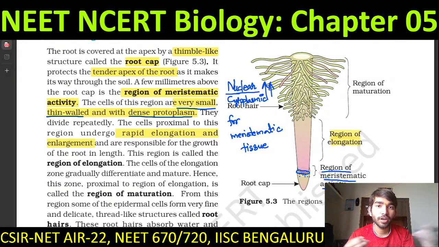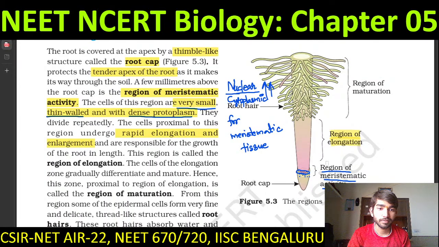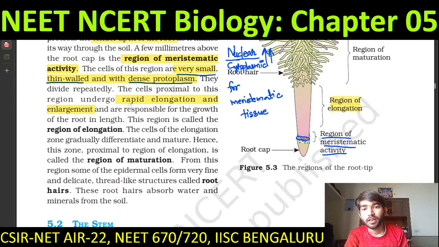So they can elongate in size, they can become larger, they can accumulate more cytoplasm as opposed to the cells in the meristematic region, which are here, in the bottom layer, closer to the root cap, responsible for the growth of the root in length. So this is important. So these cells are rapidly dividing. They are producing more and more cells, but they are not giving this lengthening of the root.